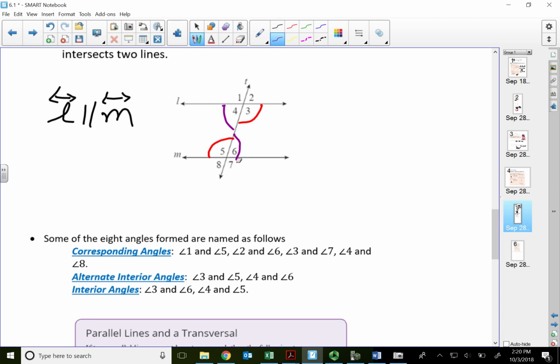Well, Mr. Chen, why don't we say 3 and 4 are called the alternate interior angles? Well, because 3 and 4 are actually considered adjacent angles because they're touching the same exact line. So these two angles are together equal to 180.